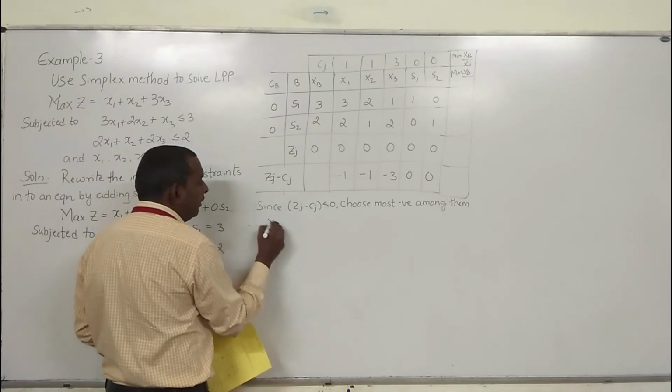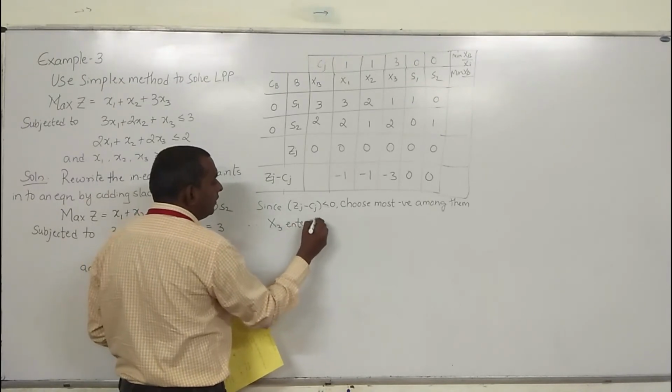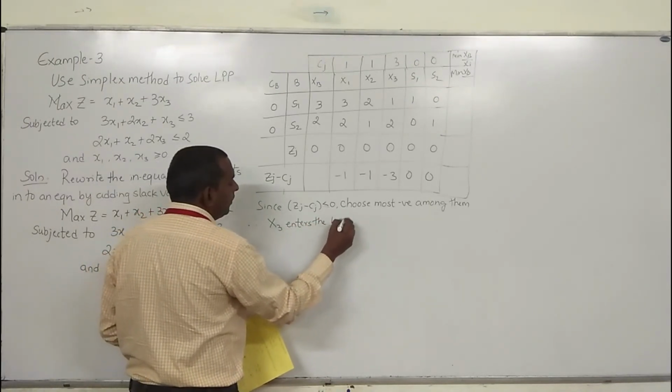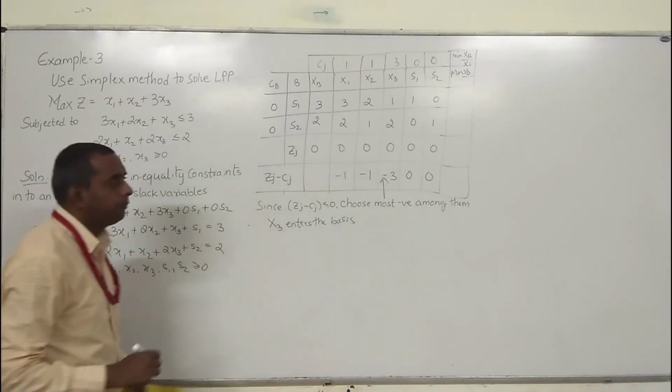Therefore x3 enters the basis. So let me mark the arrow.